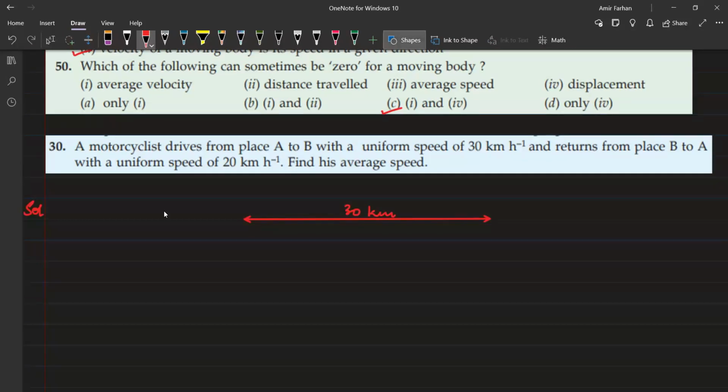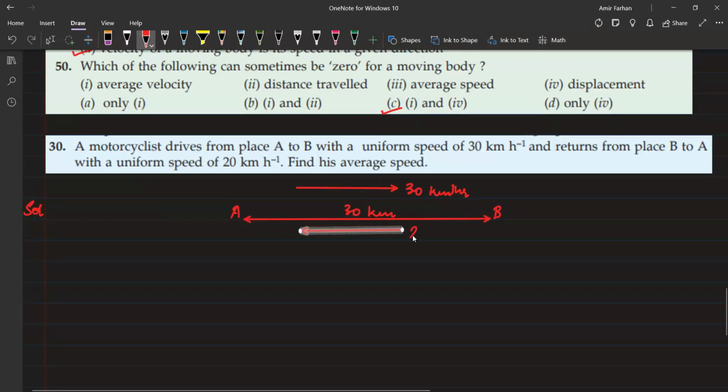Suppose this is point A and this is point B. He is going from A to B with 30 km per hour, and in this direction he is going 20 km per hour.